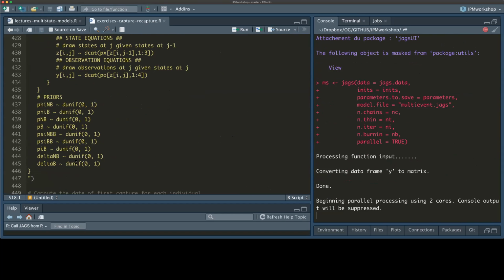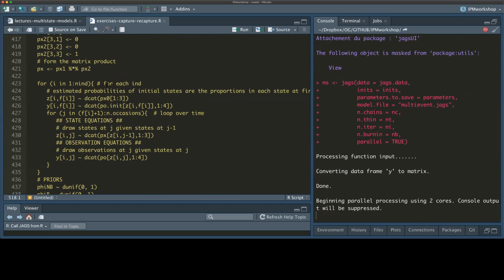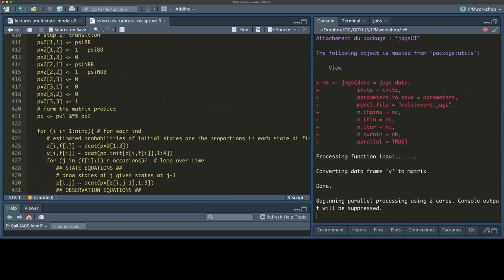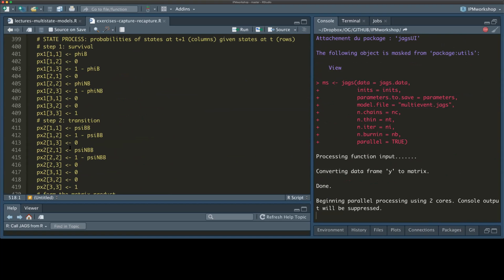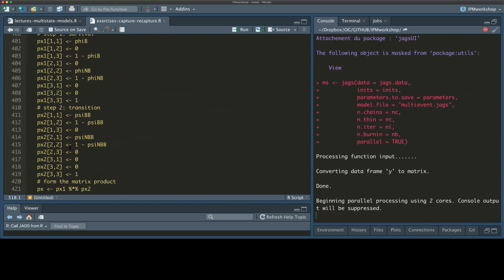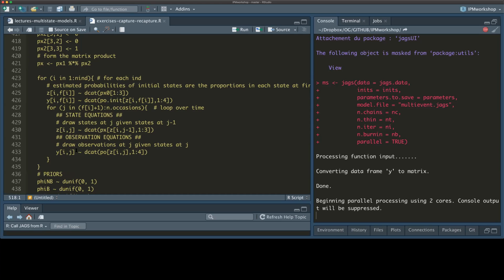And in passing, this code here is the code to fit any hidden Markov models in Jags, not necessarily on capture-recapture data. So it's the kind of code you would need to fit the example that Michael showed at the very beginning of his lecture about tracking individuals with GPS data, for example.